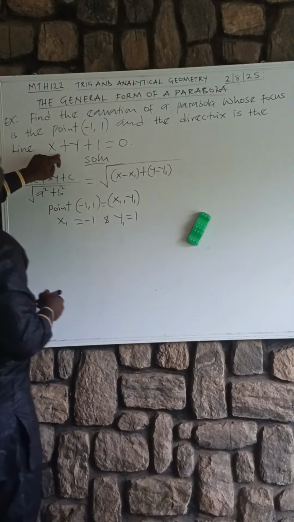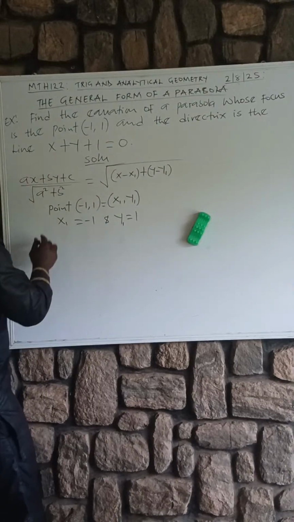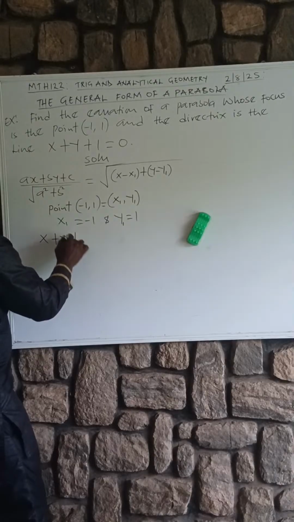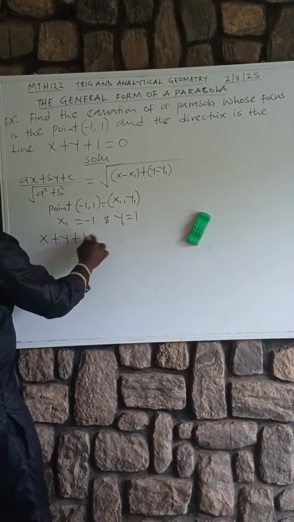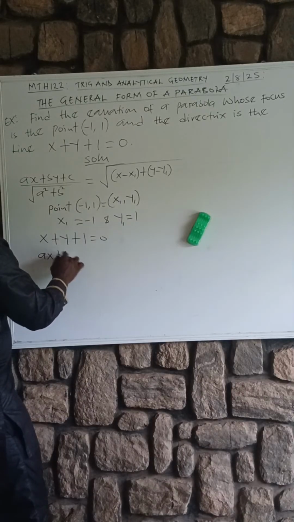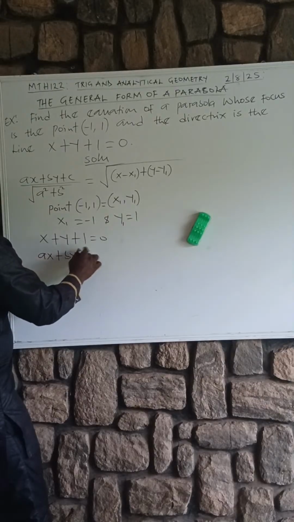So if we are following, given the line, when you equate it with this, we have the line x plus y plus 1 equals 0. Then we have the line ax plus by plus c.